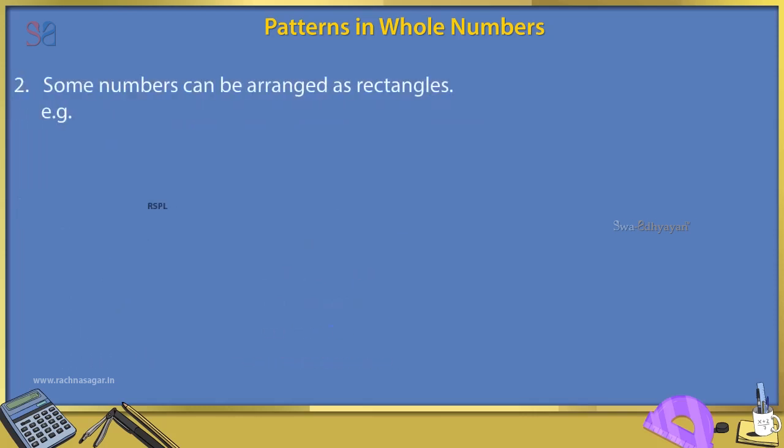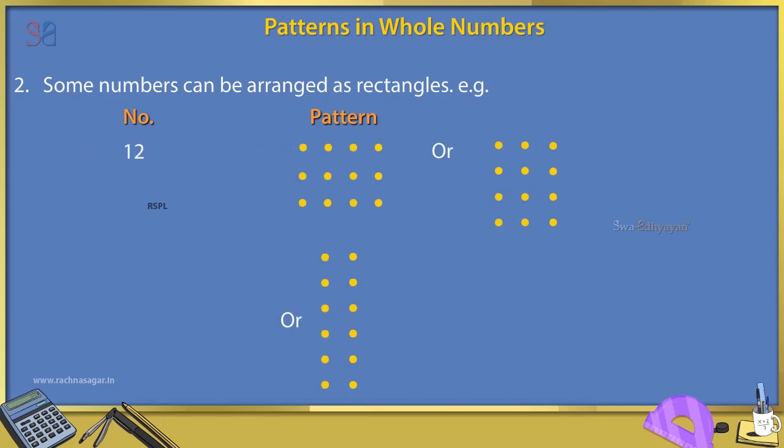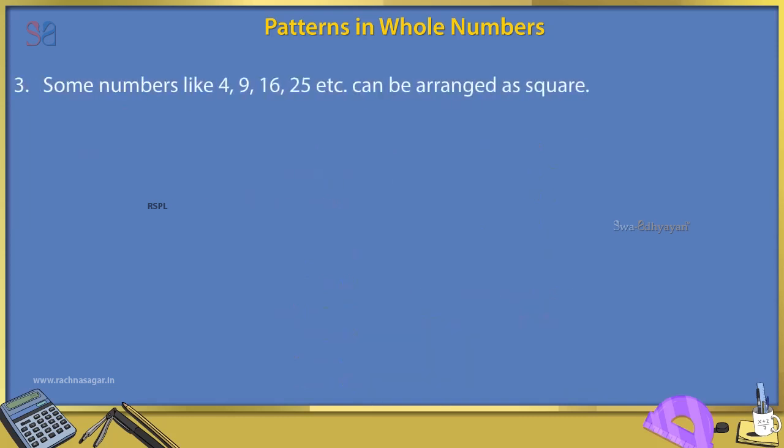2. Some numbers can be arranged as rectangles. Example: 6, 8, 10, 12. 3. Some numbers like 4, 9, 16, 25, etc. can be arranged as squares.